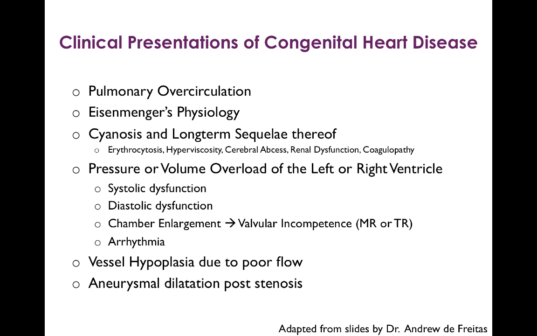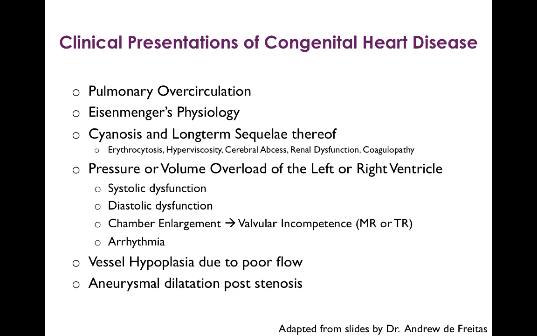So these are some of the things that you should be familiar with that Dr. DeFreitas discussed: pulmonary overcirculation, what that syndrome looks like, Eisenmenger's physiology, cyanosis, and also the long-term sequelae of cyanosis.